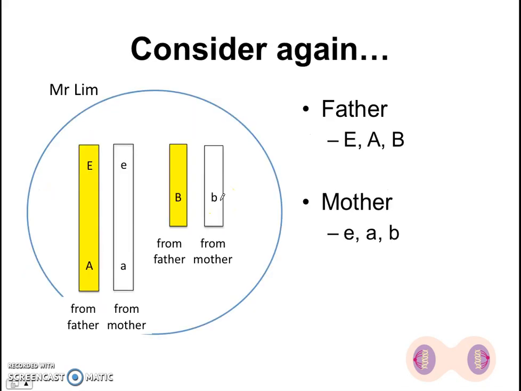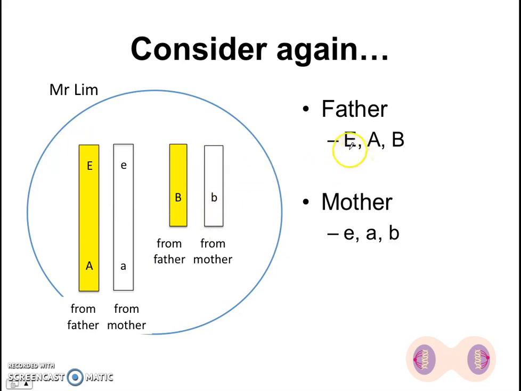So I want you to consider this simplified example again. This is a simplified cell. Imagine that this is Mr. Lim. I have 4 chromosomes in my cell. I know normally I have 46, but imagine I have 4. I have 4 chromosomes and they are paired up into 2 pairs of homologous chromosomes. So the yellow one represents those from my father and the white one represents those from my mother.